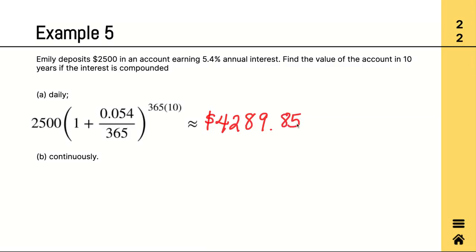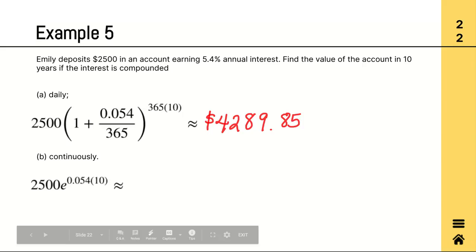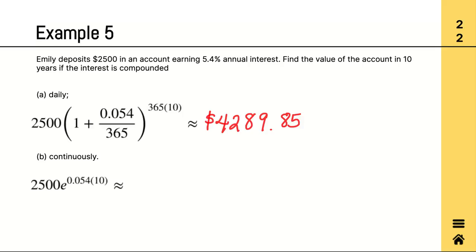So what happens if you change that from compounding daily to compounding continuously? Well, your formula is a lot quicker, I can tell you that. It's that principal 2,500 times e to the power of 0.054, there's your rate, times 10 years, there's your time. And this one turns out to be a really similar amount of money, but it is more money.